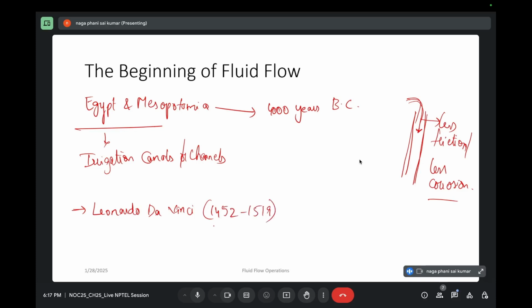He used to write about movement of water, eddy currents, water waves, falling water, and also the destructive power of water and floating bodies. He also described the principles of hydraulic machinery, way back in 1452 to 1519.